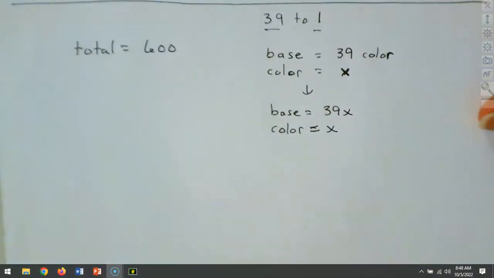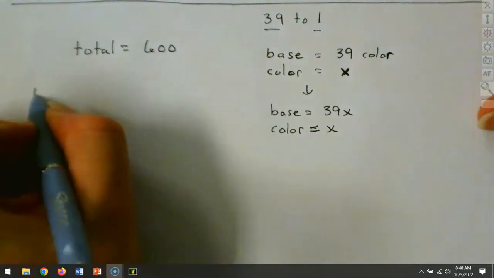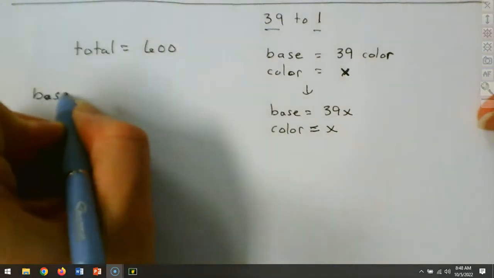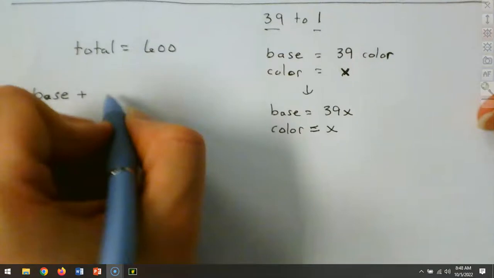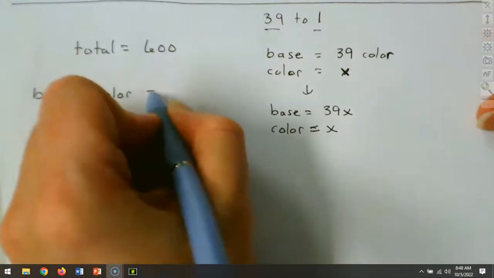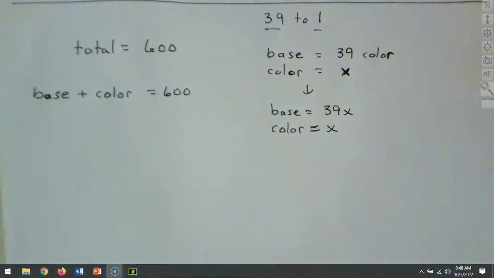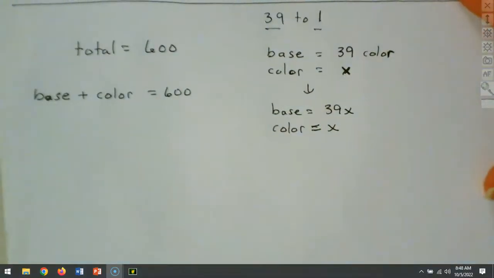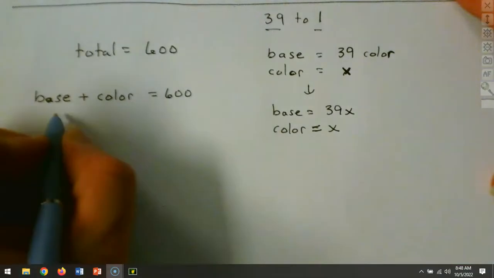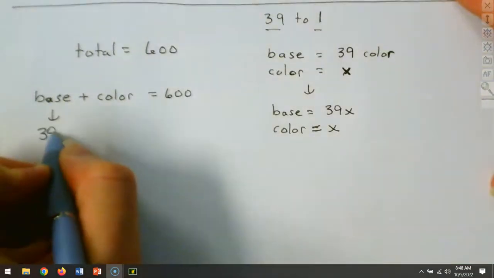Now, what does that total paint contain? When I talk about the total, that contains the white base plus the colorant. And that is going to equal now the 600. Okay? And now we know what the base is and what the colorant is. So the base is going to be 39x.